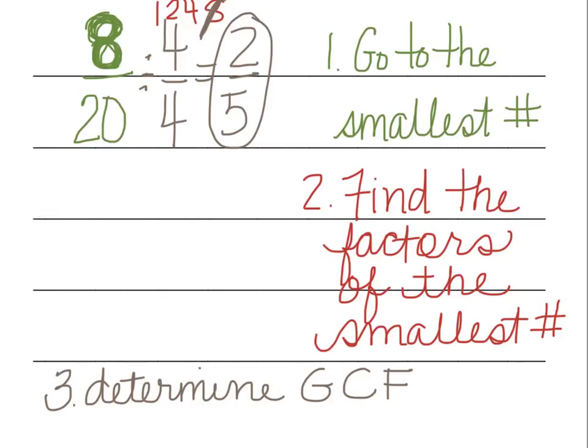Let's do 2 more examples together. I will work them out partially for you and then we'll check them together in class. The first one I want you to do is 6 over 9.